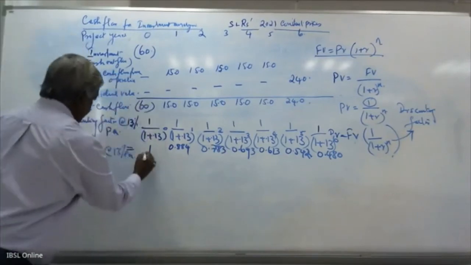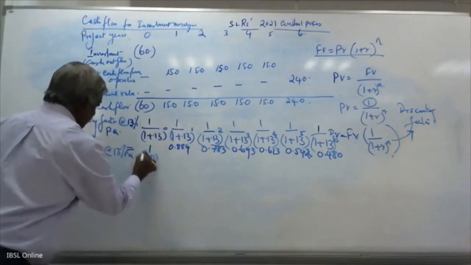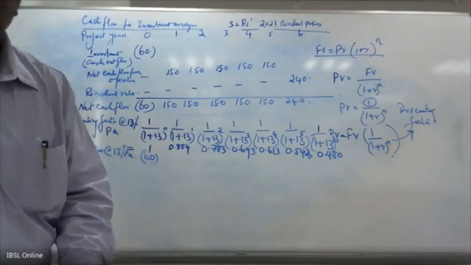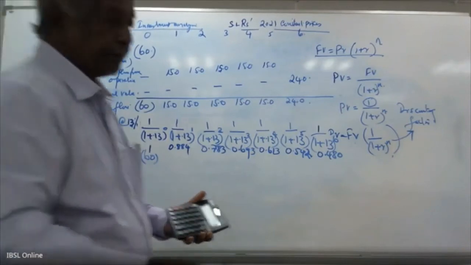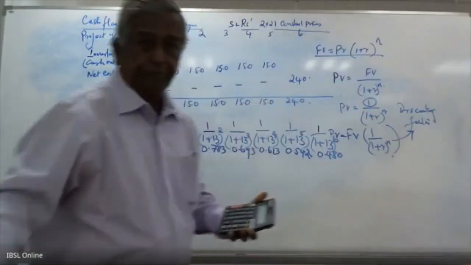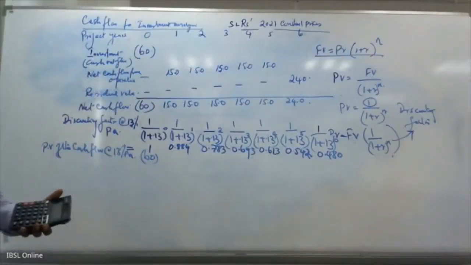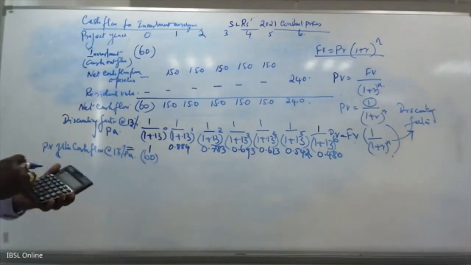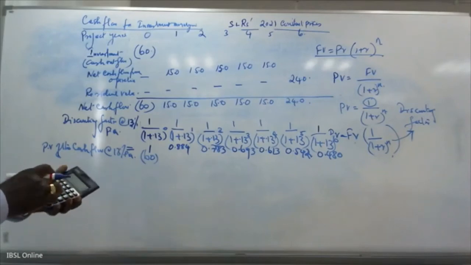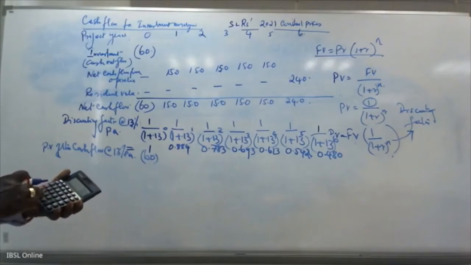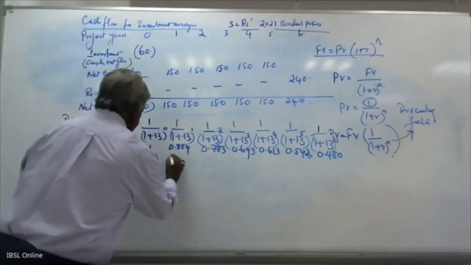Here this is minus 60. Now the other values: 15 million multiplied by 0.884, equal sign, 13.26.